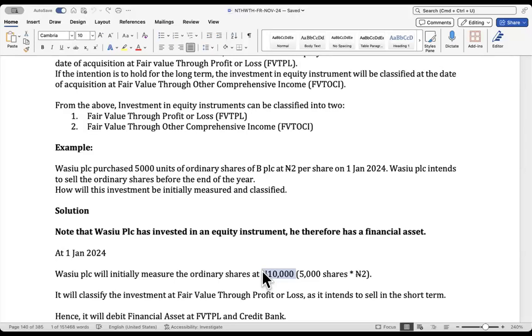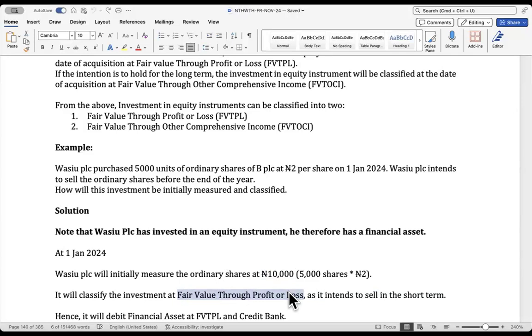Okay, good initiative. If you had said you expense it, that would also have been good initiative because both are correct. This is where this classification comes in handy. If you have classified it as fair value through P&L, which means you intend to sell it in the short term, you expense that transaction cost.